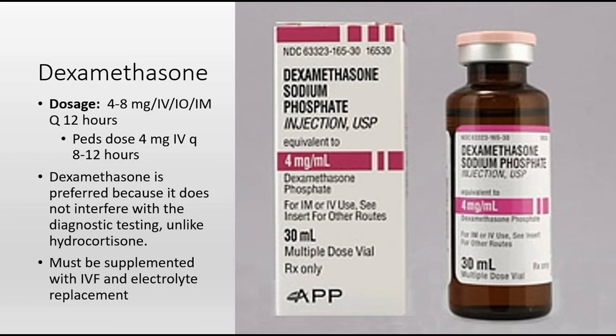If you carry dexamethasone, your normal dose is 4 to 8 milligrams IV, IM, or IO every 12 hours. This also, especially if you deal in high altitude situations where you deal with HAPE and HACE a lot, you may carry this instead of Solu-Medrol, but that's the same dose you're giving for stress dose adrenal response.